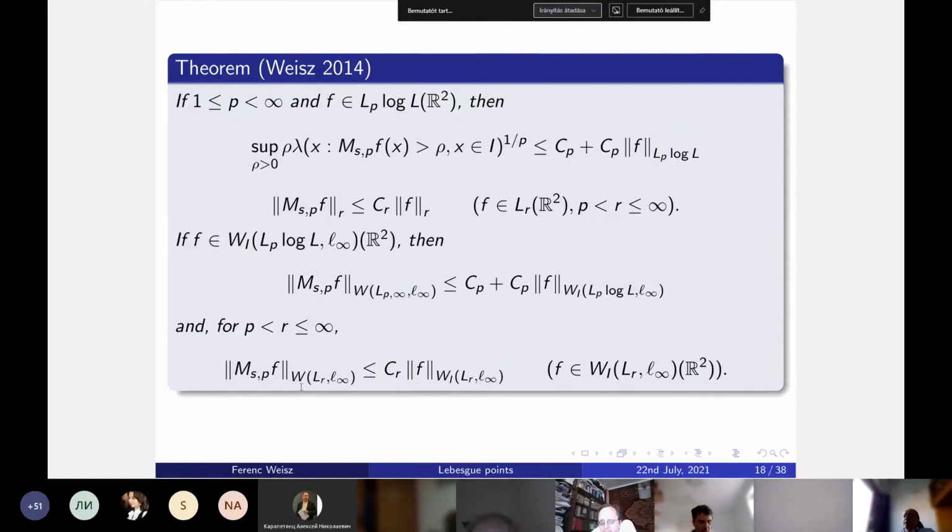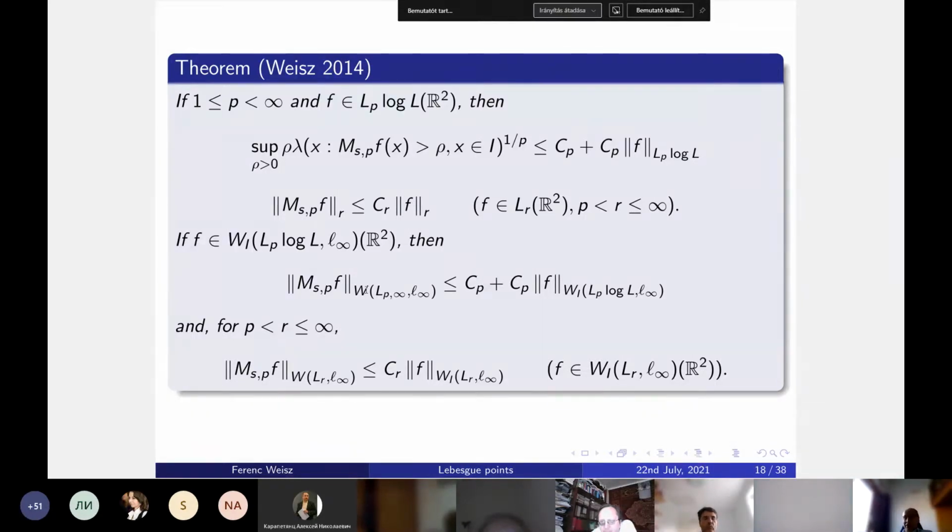First, the W(L^r, L^infinity) norm of M_s f can be estimated by the iterated norm L^r log L^infinity of f. If I omit the iterated, if I write here also only the L^r L^infinity norm, so the same norm as here, then the theorem is not true. I have to choose here a larger norm, and this is a larger norm than the W(L^r, L^infinity) norm.